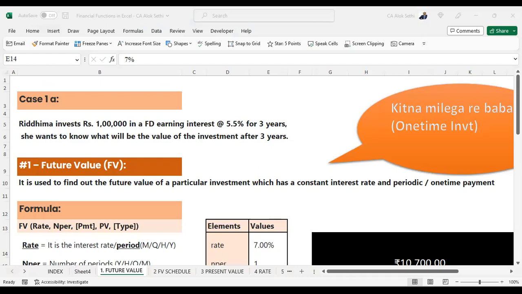ठीक है, अब क्या हुआ? मेरी जॉब लग गई और हर महीने मेरे पास सैलरी आ रही है. उस सैलरी में से मैं कुछ पार्ट हर महीना इन्वेस्ट करना चाहता हूँ. जैसे सैलरी आए, कुछ पैसा इन्वेस्ट हो जाए. तो I have done a SIP in a mutual fund, सिस्टमैटिक इन्वेस्टमेंट प्लान.